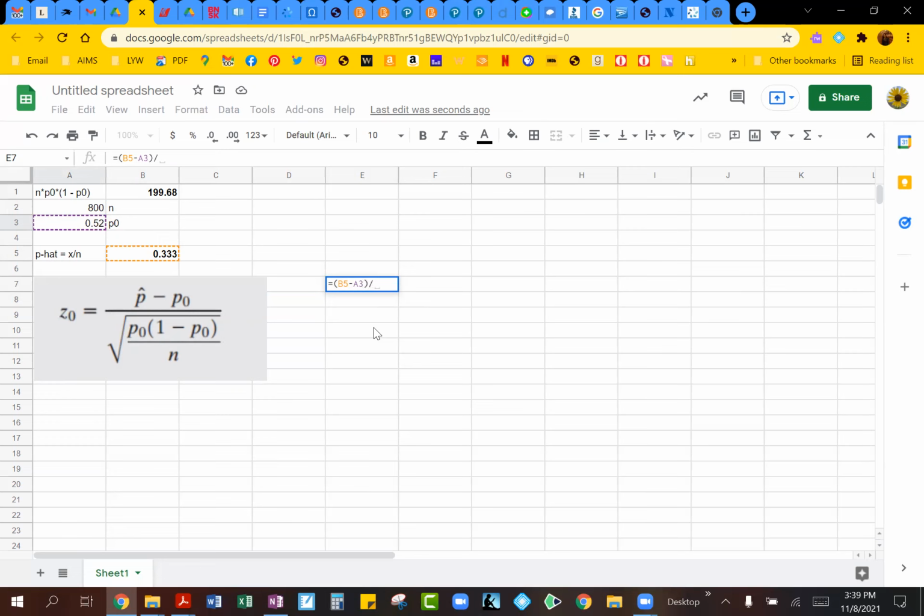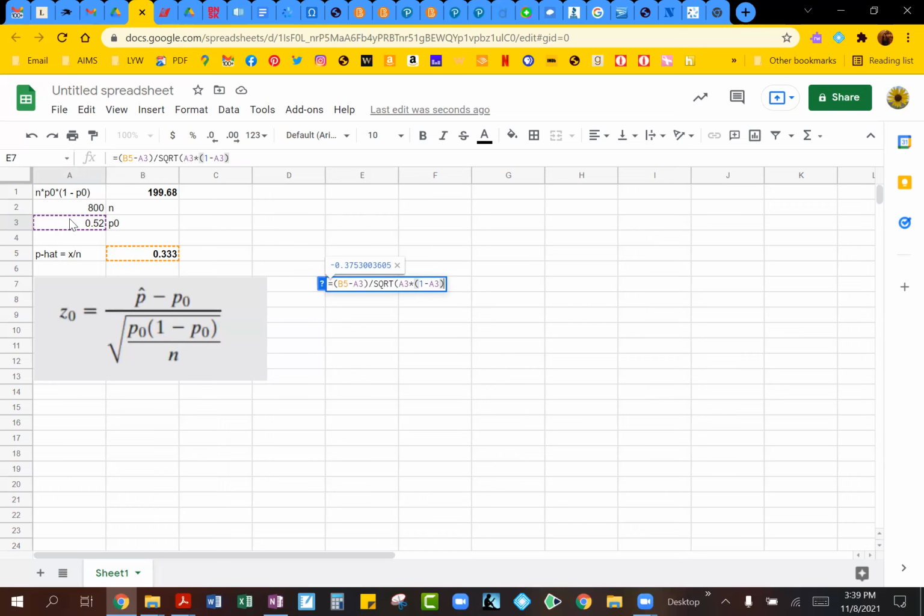Now for the denominator, we're putting all of that in the square root. So again, with Google, you have to use capital letters for your function. So that's square root of p sub 0, which is again the 0.52, times, and then in parentheses, I'm going to do 1 minus the 0.52 again. So again, this is making our numerator, right?